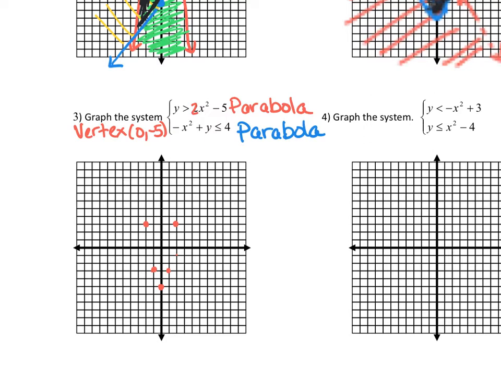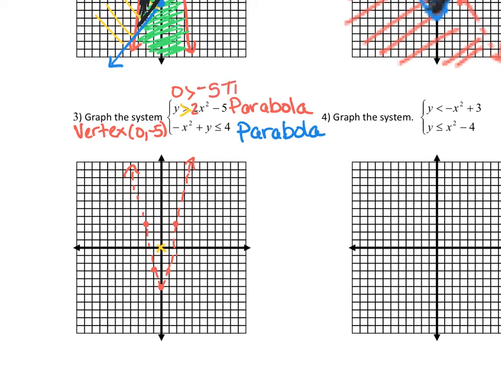If I look, my inequality is a greater than symbol, so that tells me I should use a dashed curve. So I'm dashing that. And then I have to decide whether or not to shade towards (0, 0) or away from (0, 0). So if I plug in 0 into my inequality, the y cancels, and then 2 times 0 squared, the x cancels, and I'm left with 0 greater than -5.